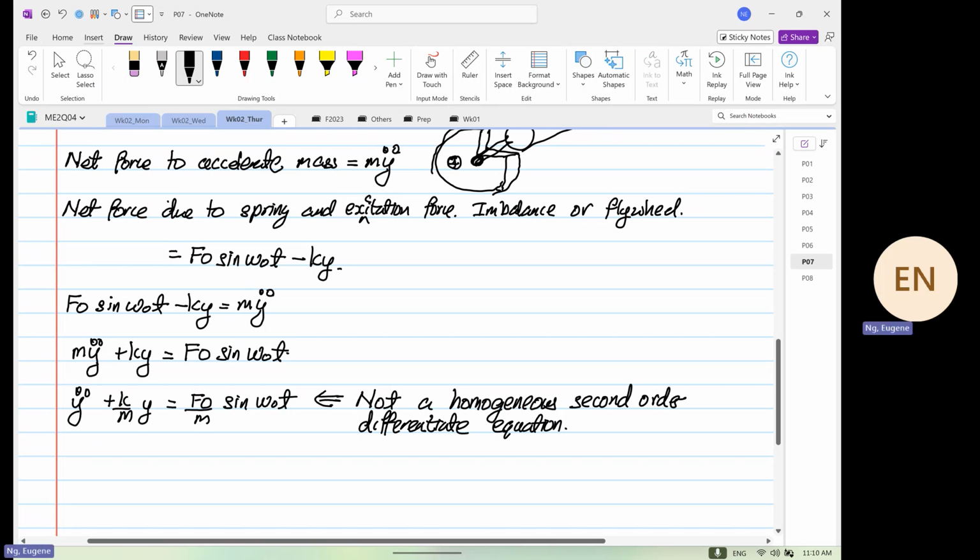Okay, so we cannot use the same solution. We have to use something else, but something else is not impossible.